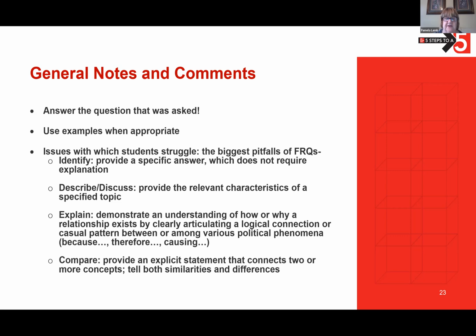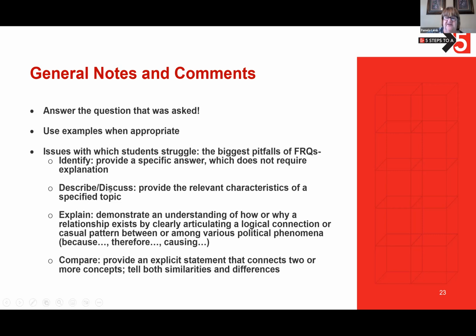And so knowing what identify is very important. If I ask you to identify the role of the president in foreign affairs, you might say that he is a diplomat. And if you want to give more detail, you can, but that would be enough.